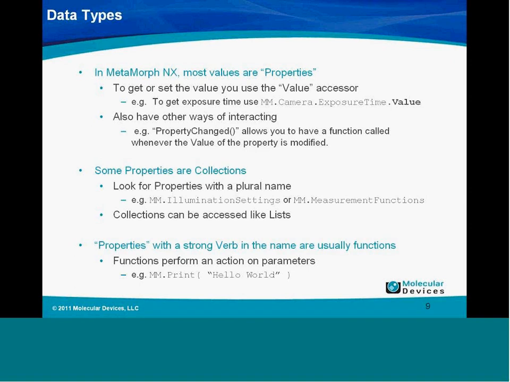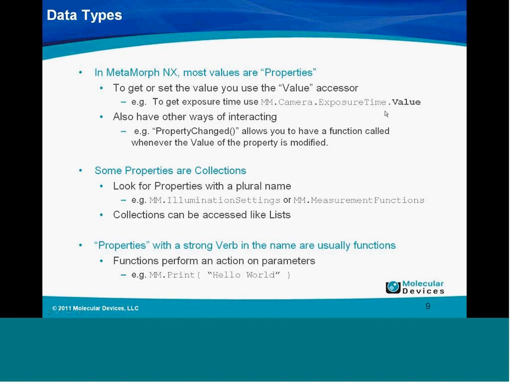So for instance, we looked at camera exposure time. To actually read the exposure time, you use mm.camera.exposuretime.value. And to set the exposure time, you have that .exposuretime.value equals a number.